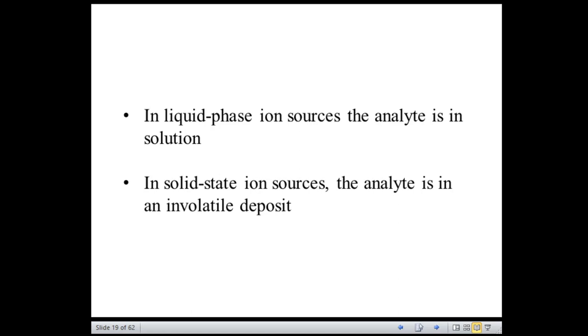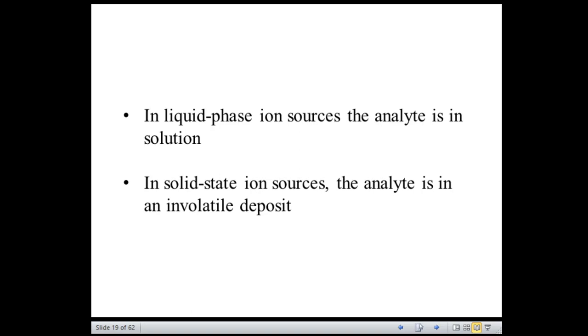So we have matrix assisted laser desorption, that is MALDI, as an example, and then we have secondary ion mass spectrometry, plasma desorption, and field desorption sources. All of these strategies are available to produce ions.